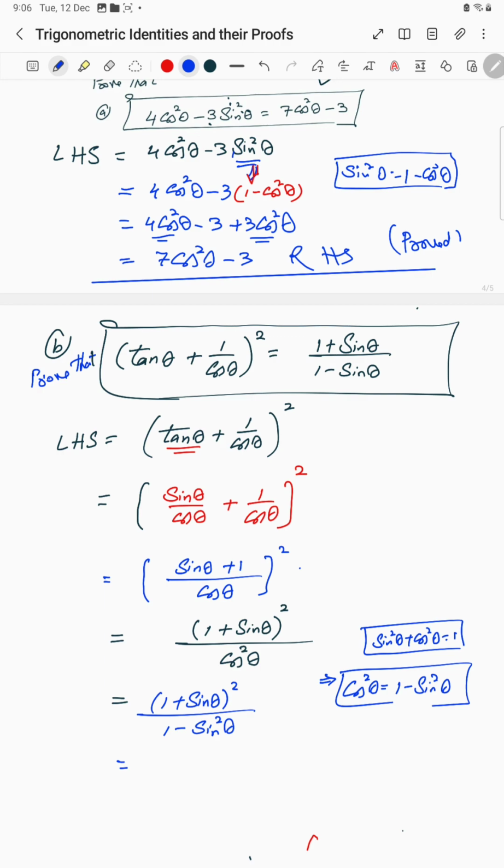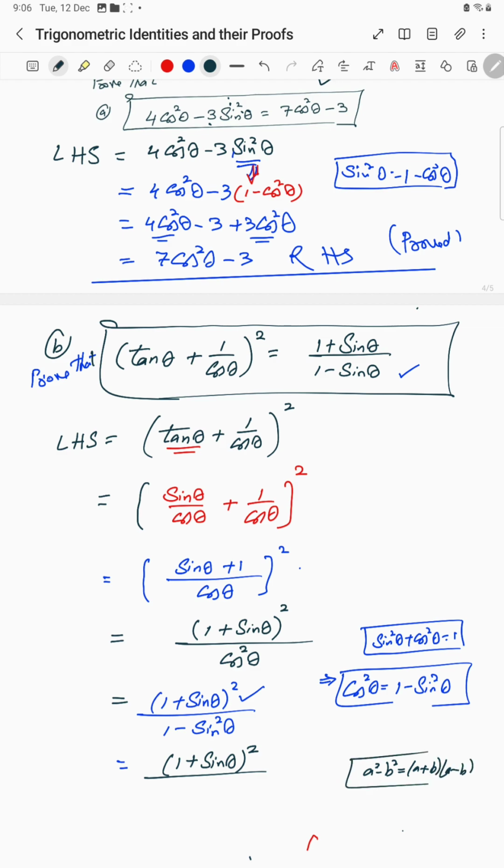The proof requires 1 plus sine theta, so I'm not going to expand the numerator, but in the denominator we need 1 minus sine theta, not 1 minus sine square theta. So let the numerator stay as it is, but in the denominator we can apply the identity. Think about the identities. Yes, a square minus b square will be (a plus b) times (a minus b).